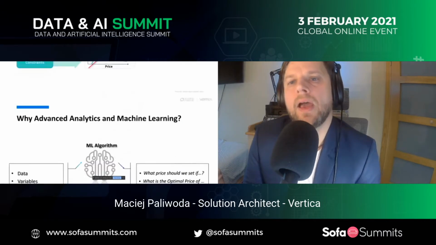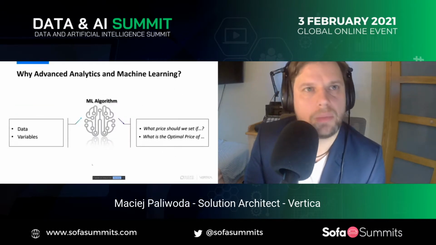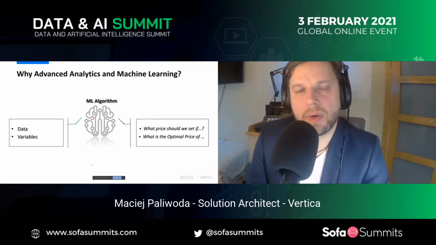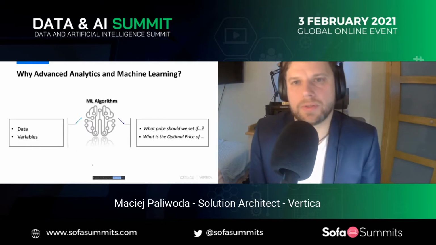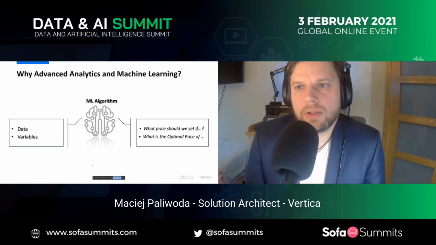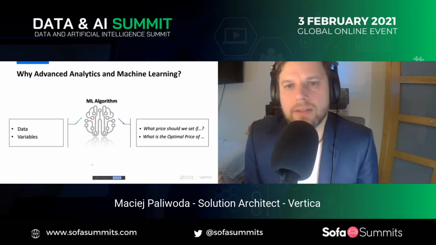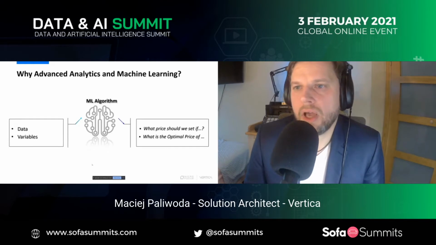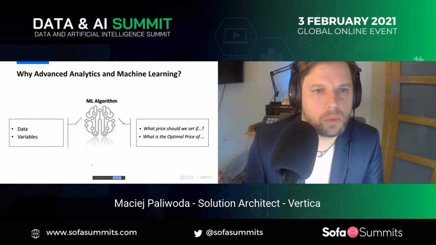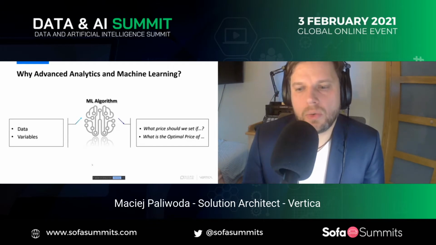So then you can think about where the place is for advanced analytics and machine learning in the whole process. First of all, price optimization answers two main questions: what price should we set if a set of conditions holds, or what is the optimal price if we want to achieve something. So we are talking about anticipation, what-if questions.